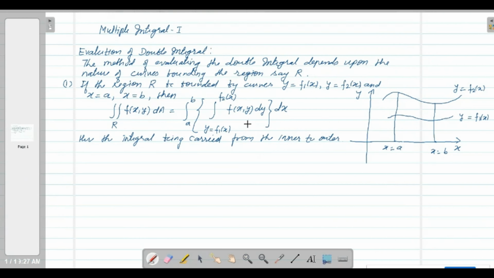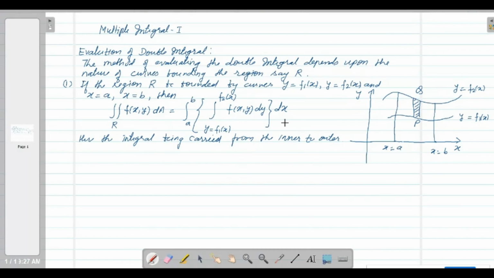If we evaluate the inner integral first, then this is a strip of length, and here p and q. The strip is parallel to the y-axis.